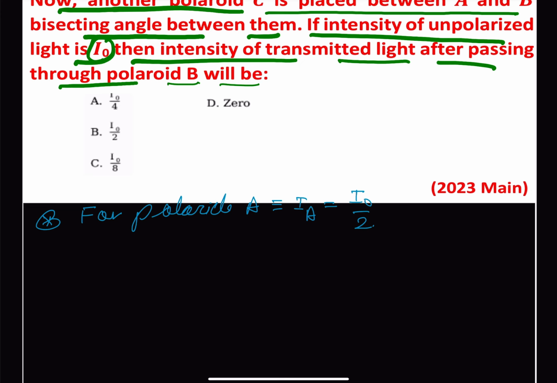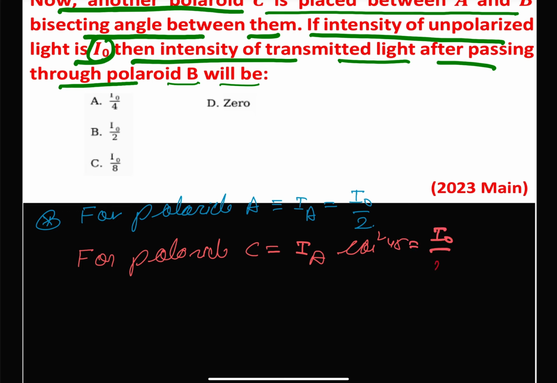And C is between A and B, bisecting their axes. Therefore, for polaroid C, IC will be equal to IA cos square 45. IA is I0 by 2, and cos square 45 is 1 by 2. So IC will be equal to I0 by 4.